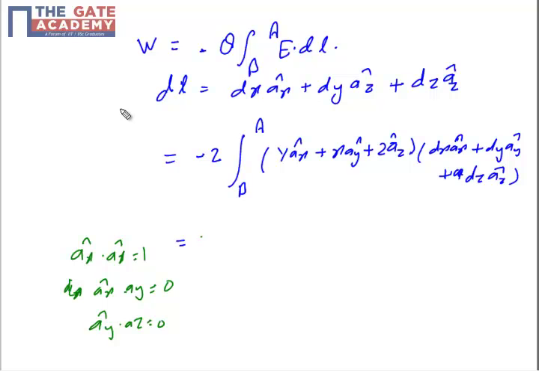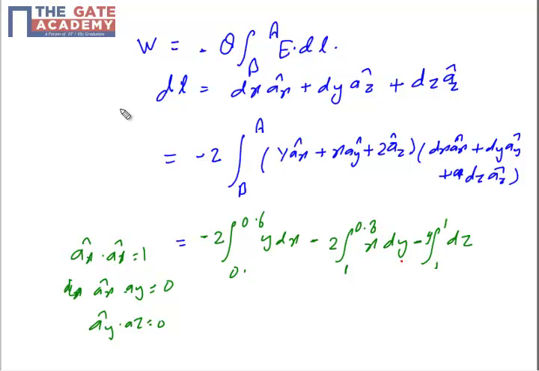Okay, so just put it and you will have minus 2 times the integral from 0 to 0.6 of y dx, minus 2 times the integral from 1 to 0.8 of x dy, minus 4 times the integral from 1 to 1 of dz.